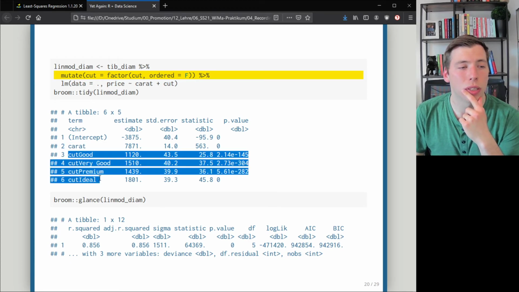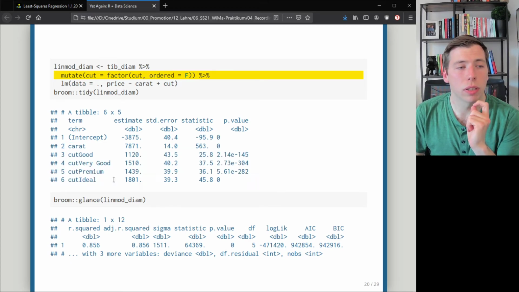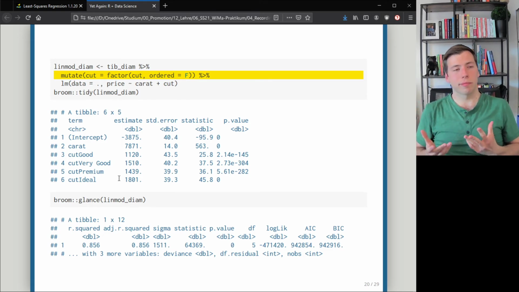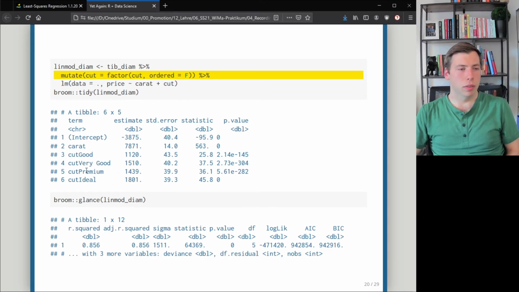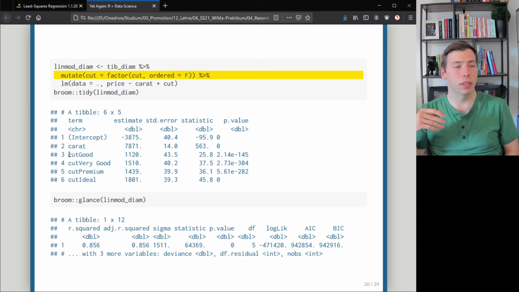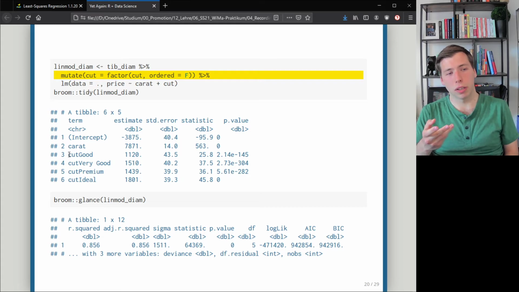But now we see 4 estimates for the categorical variable, and this might tip you off, or it might feel weird, because for one it's only 4 variables, even though we know there are 5 categories in this cut variable. And also we don't really know what this cut good, cut very good, and so on, looks like.